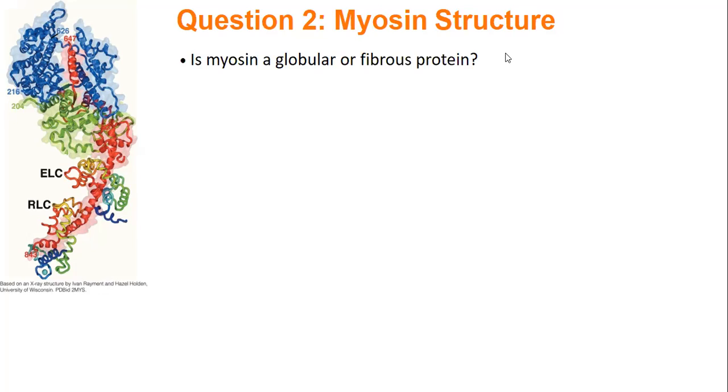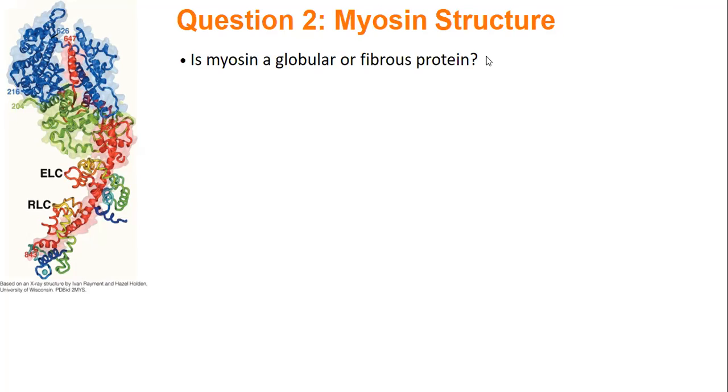All right. So we have 10 votes for fibrous, 3 votes for globular, and the correct answer is an option I didn't give you. Sorry, I was being mean. It's both. We talked about 2 weeks ago how we have 2 different classes of protein, a fibrous protein and a globular protein.